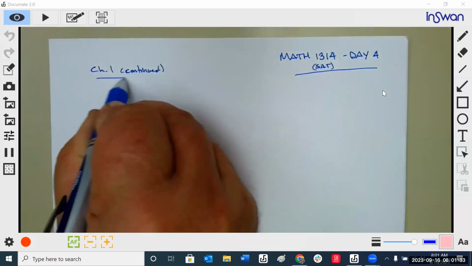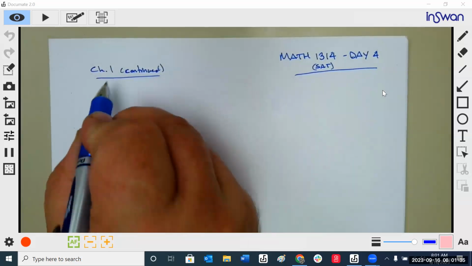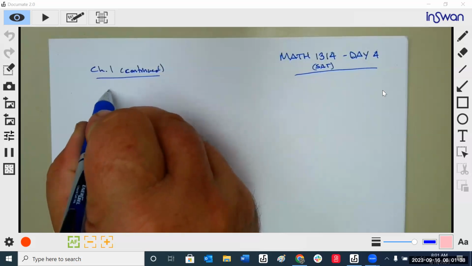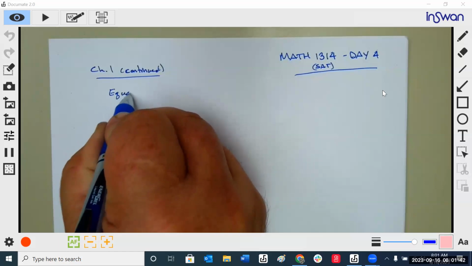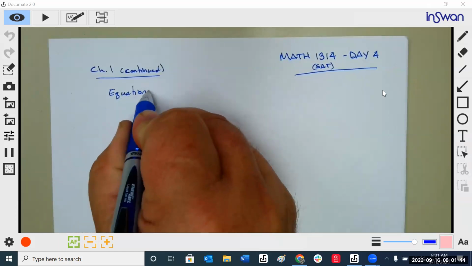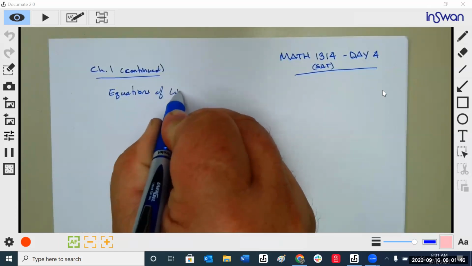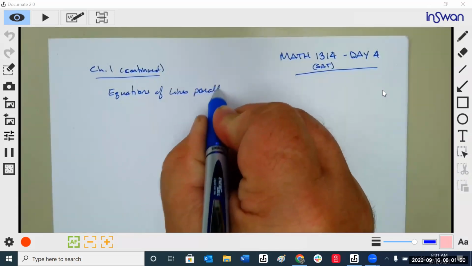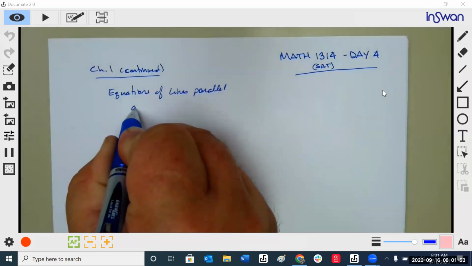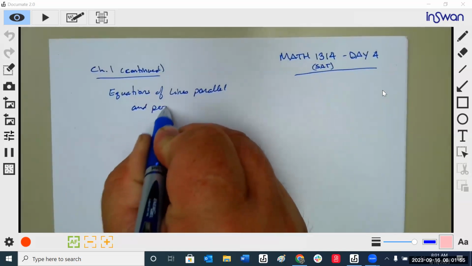What we're going to do today is discuss equations of lines, parallel and perpendicular.